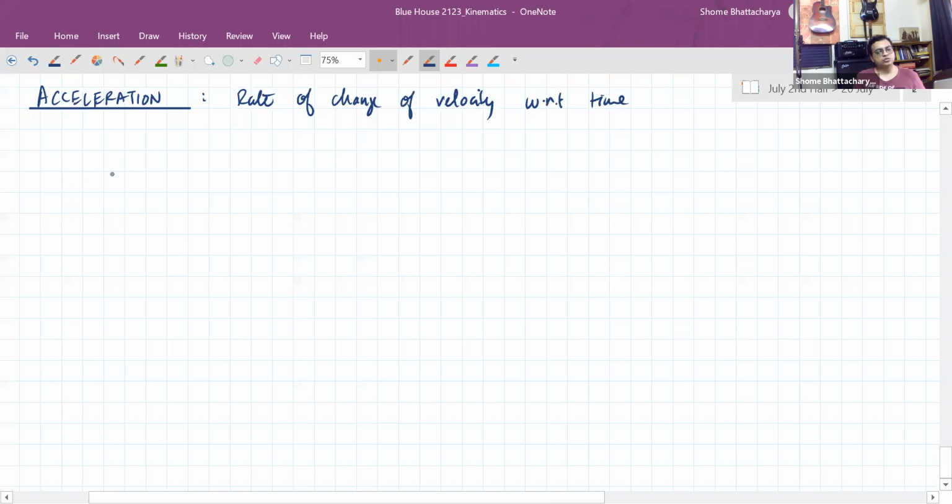So again, we define two types of accelerations: instantaneous acceleration, that is the instantaneous rate of change of velocity with respect to time, and average acceleration.